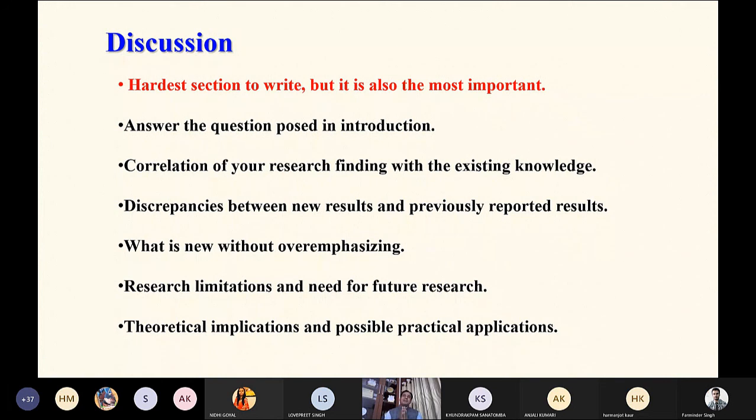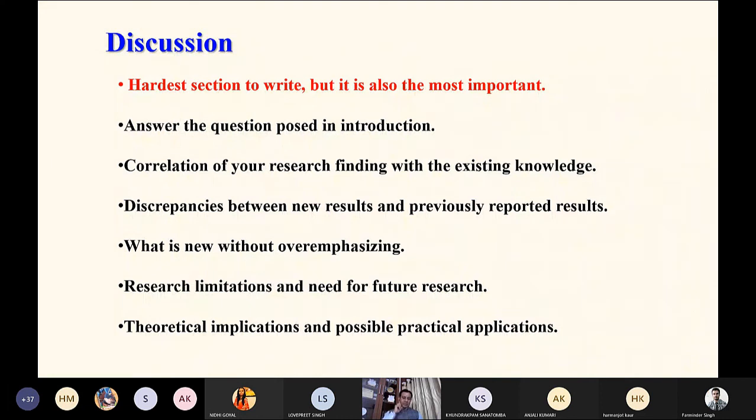Theoretical implication means how our research is going to contribute to the literature, how it will add value to the review of literature or the body of knowledge already developed by someone else. Practical implication means how our research is going to be beneficial for practitioners or different organizations, and to what extent our results can be generalized.